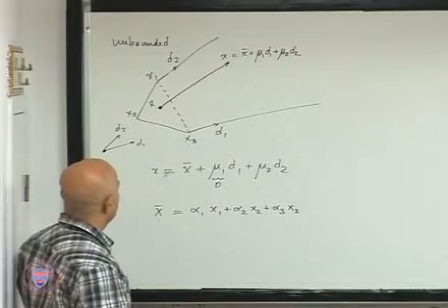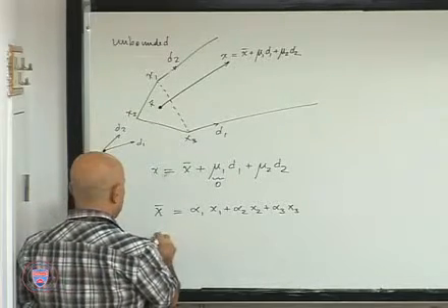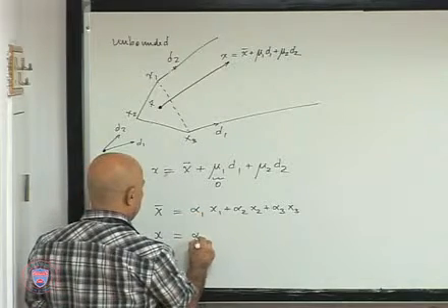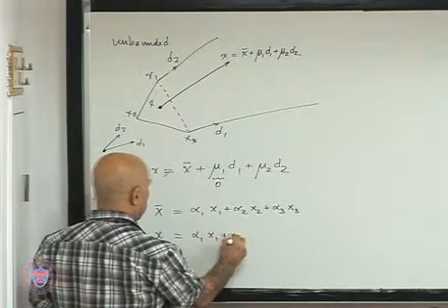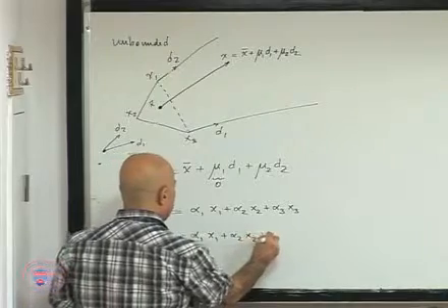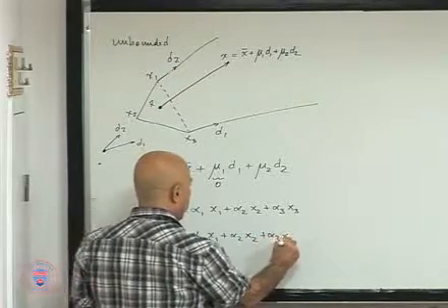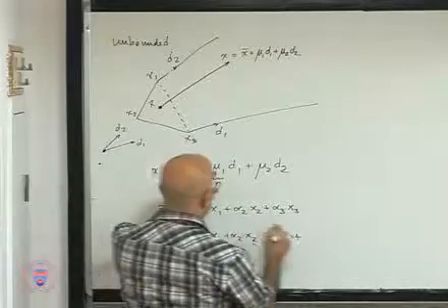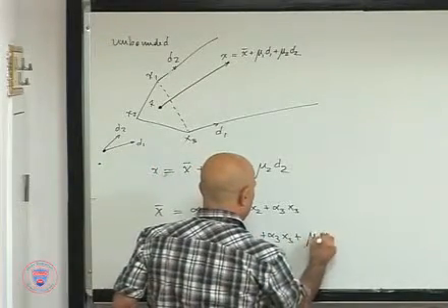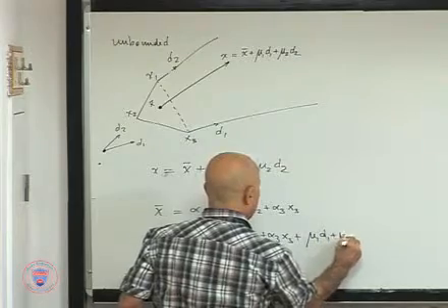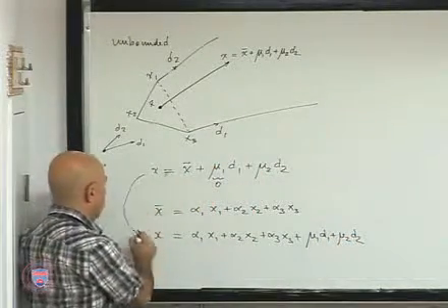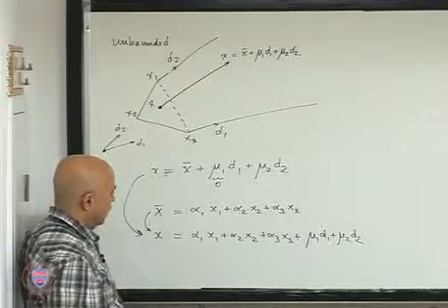Then, of course, X equals X bar, which is alpha 1 x1 plus alpha 2 x2 plus alpha 3 x3, plus mu1 d1 plus mu2 d2. I'm using this here, and that.